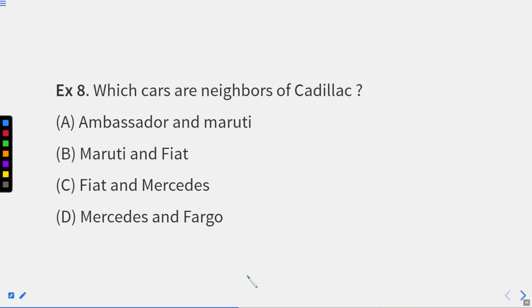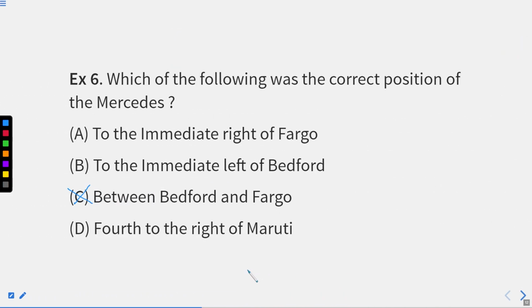So for that, we'll move to the 6th question again and can see fourth right to Maruti, okay, and immediate right to Cadillac. Only one option is there, that is option D, that is fourth right to Maruti. I hope you are able to find the answer to this question, right?